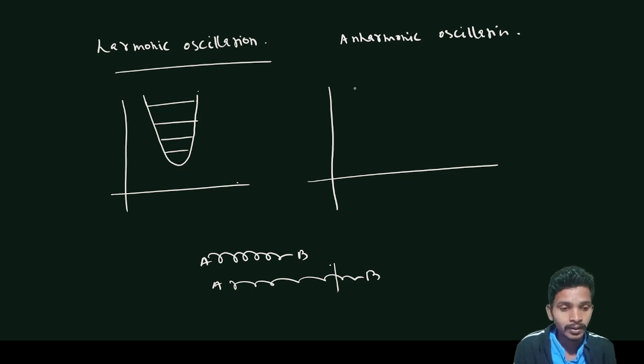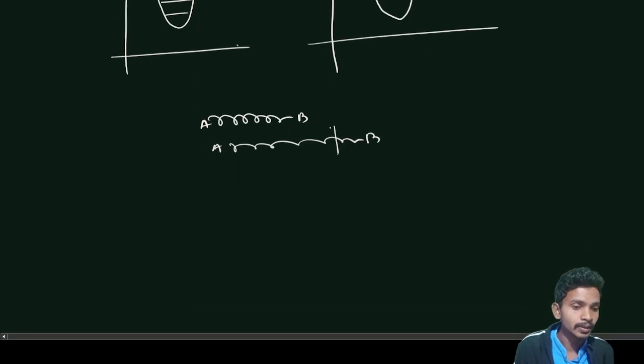After stretching a lot, it will start to break. It should go on like this if we look at harmonic, but in reality it will break. That is what anharmonic oscillations say. So how do the equations say this?